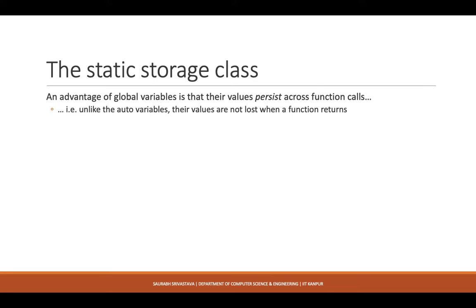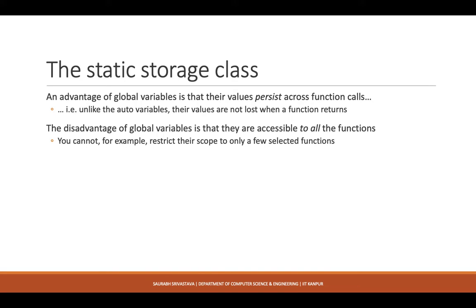When I say persist, it means that unlike the auto variables, whose values are lost as soon as the function ends, or the function returns, as we usually call it, the global variables' values are stored in a place that is managed in such a way that it is not cleared as soon as a function returns, so that the values remain available to you for use again during a next function call.